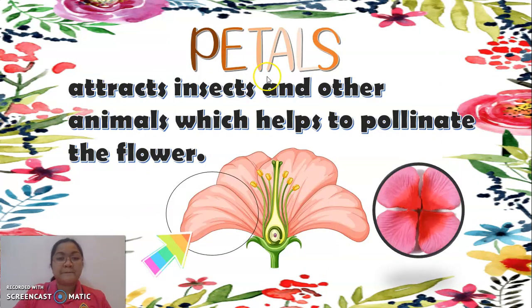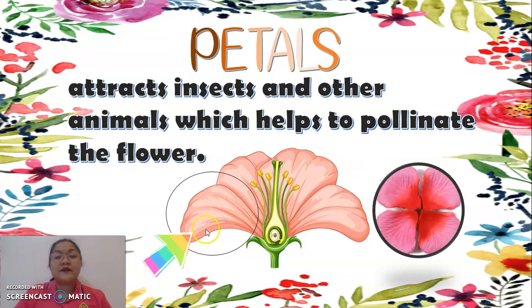Number two, petals. Petals attract insects and other animals which help to pollinate the flower. Petals are usually the beautiful part of a flower with different colors.